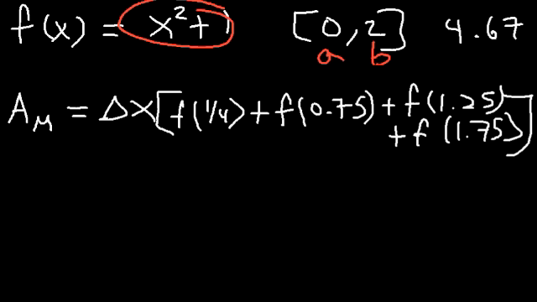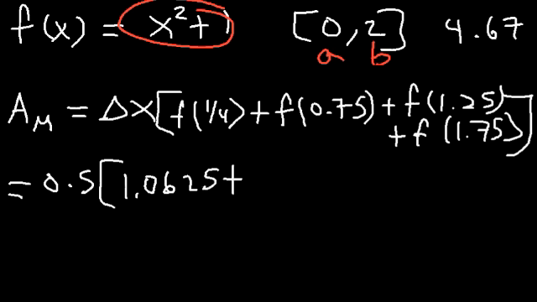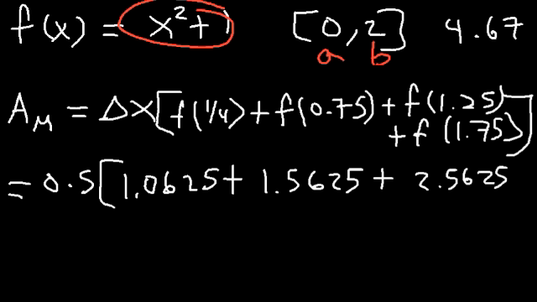So let's plug in the values. Delta x is 0.5, and 0.25 squared is about 0.0625 plus 1. So this is 1.0625. 0.75 squared plus 1 is 1.5625, plus 1.25 squared plus 1, that's 2.5625.